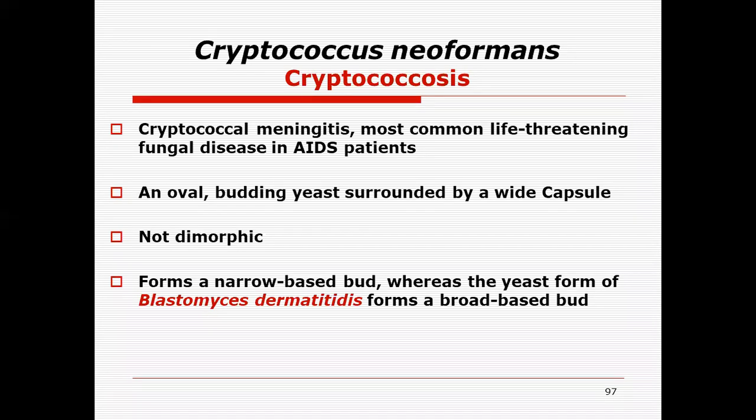If the cell is budding with a broad base, it is Blastomyces. Cryptococcus neoformans buds from a narrow base. This is the area where we can really target the identification of the two different cells, Blastomyces and Cryptococcus.